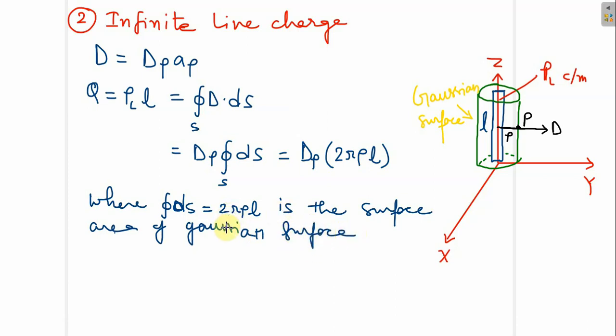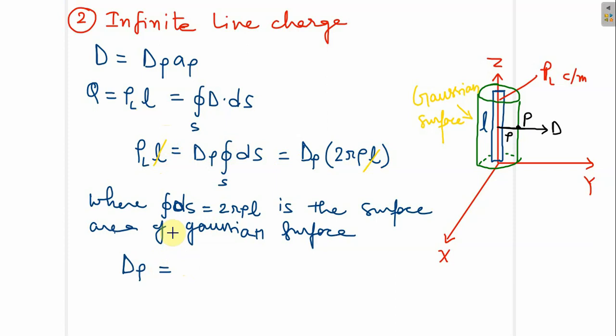Okay. So D dot ds evaluated on the top and bottom is 0, since D has no component along positive z or negative z. We have the only component along this curved surface, and that we have determined. So now what will be the value of this D rho? If we write here rho L into L, this L and L will be cancelled out.